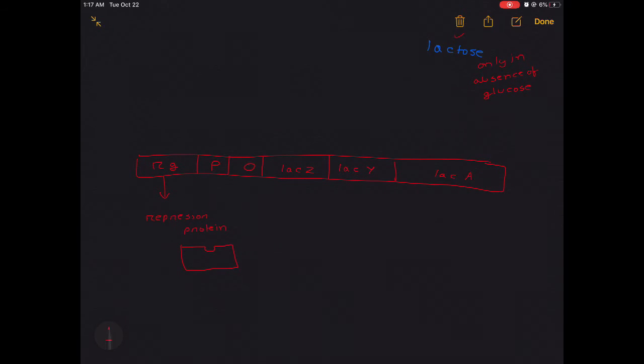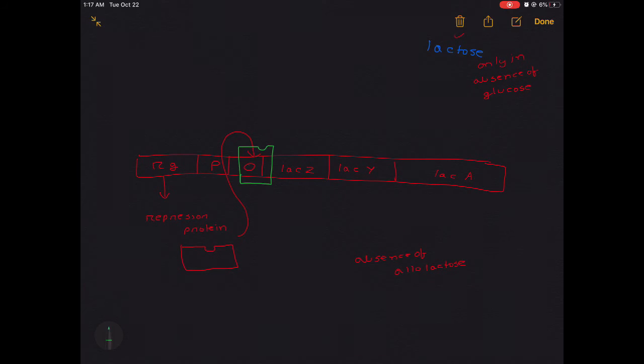So in absence of allolactose, this repressor protein will bind to our operator site, the operator region of our Lac Operon.